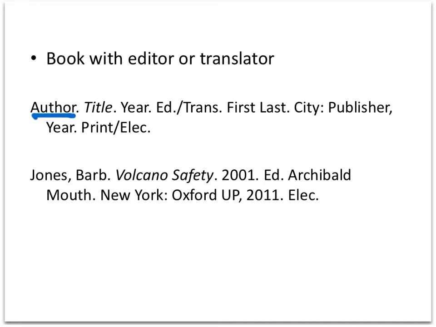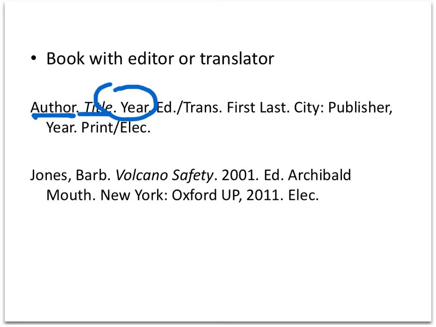So we do that here. We also need to indicate the original title of the book. We do that there. Now, this first mention of year is going to be the year that the book was originally published. Let's use one of Shakespeare's plays that was written back perhaps in the 1500s or 1600s. That's when it was originally published, so that's the year we're going to include.